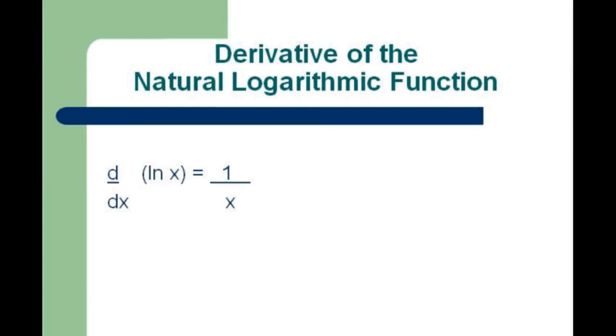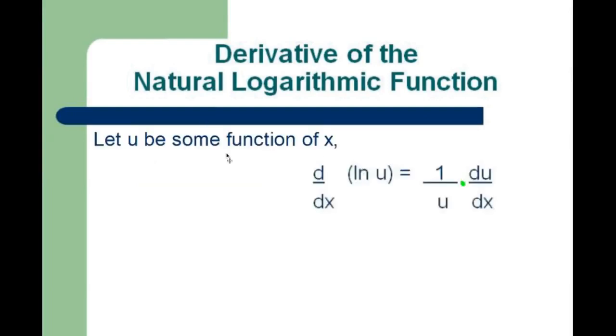So, it's important to take into account the fact that the derivative of a natural log of a function, u, is 1 over u, and then once again times du dx. So just like e to the x or e to the u becomes e to the u times du dx, the natural log of u becomes 1 over u times du dx.